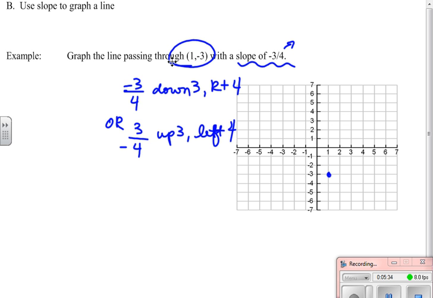Now in this case, it almost works better to go up 1, 2, 3, left 1, 2, 3, 4. If I do the other, down 1, 2, 3, right 1, 2, 3, 4, I stay on that same line.